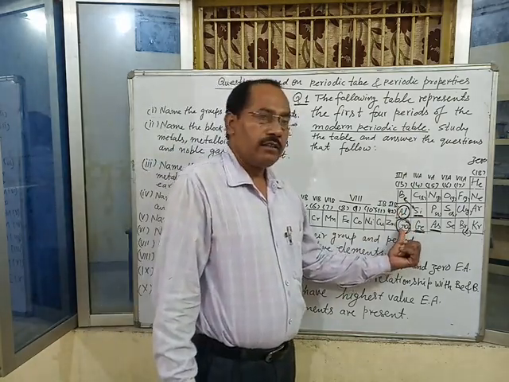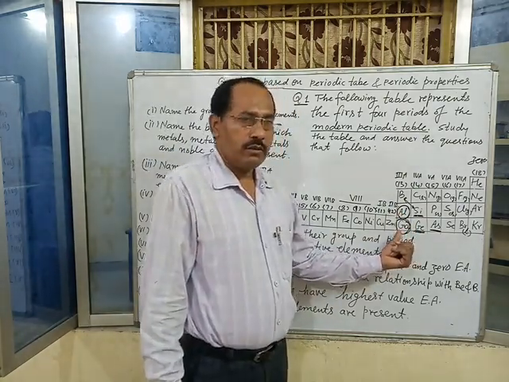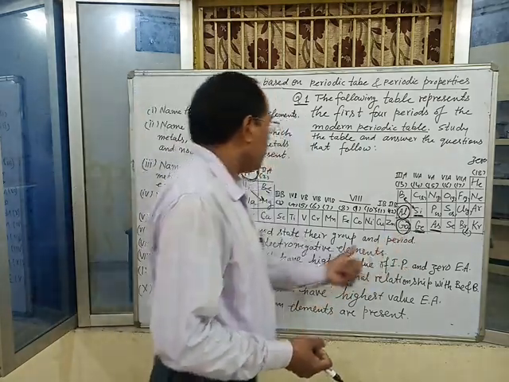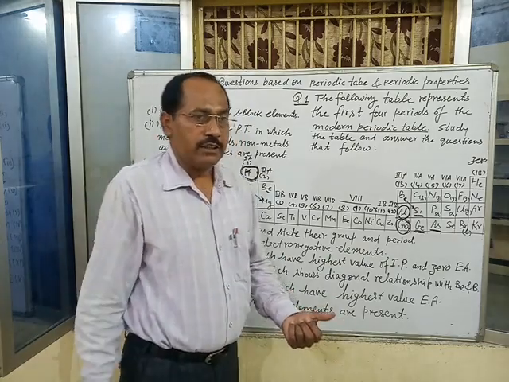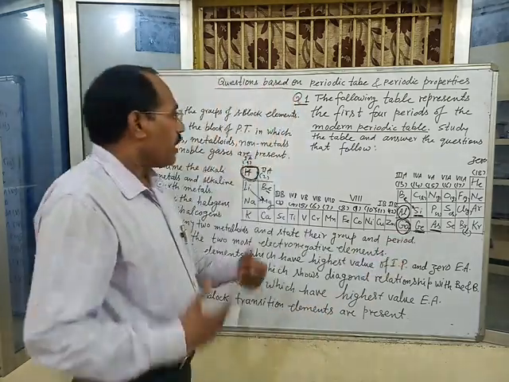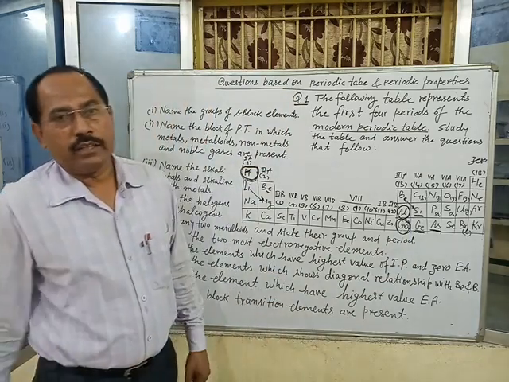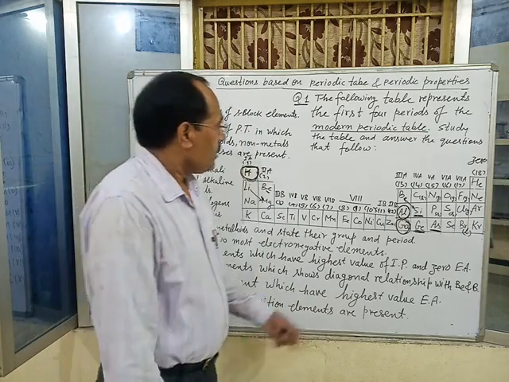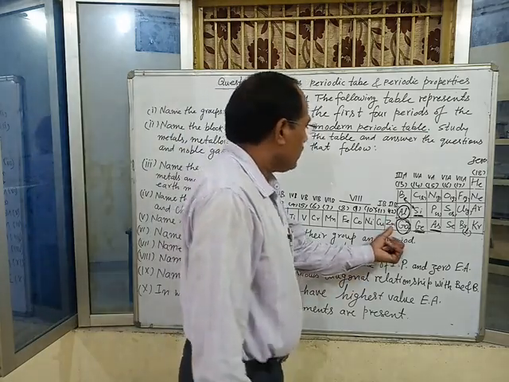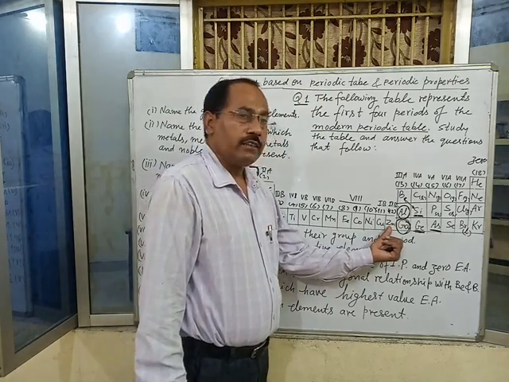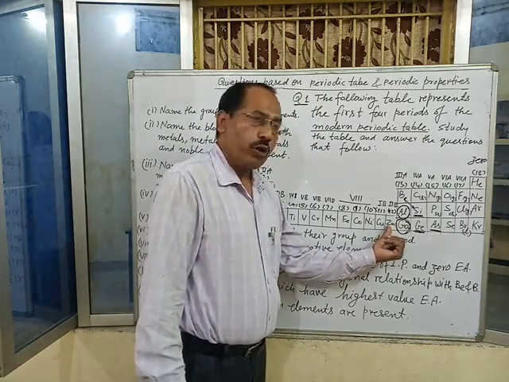Gallium is the metal which has a very low melting point, and above 30 degrees Celsius it occurs in liquid form. Another metal, mercury, is known as liquid metal. Zinc is a transition element and its oxide is also amphoteric in nature.